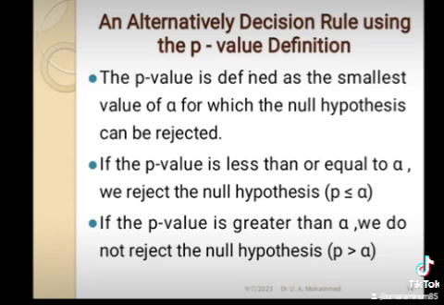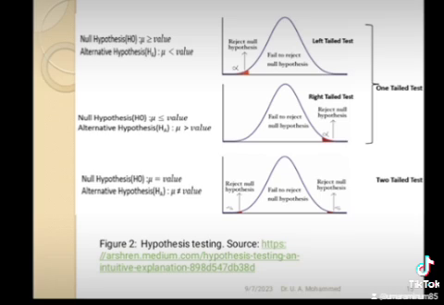And if your p-value is greater than your alpha, then we do not reject the null hypothesis. Alternatively, you can use the normal curve, whereby you look at the rejection region to either accept or reject your null hypothesis.